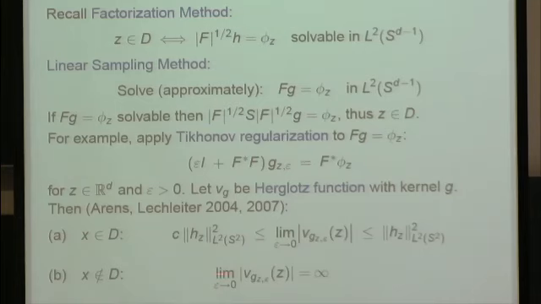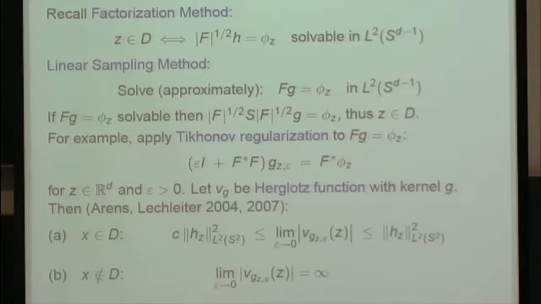So plotting this limit would also give you a criterion whether or not the point is inside or outside. If this limit is bounded, the limit is finite, then the point is inside. If the limit does not exist, it goes to infinity, then the point is outside.